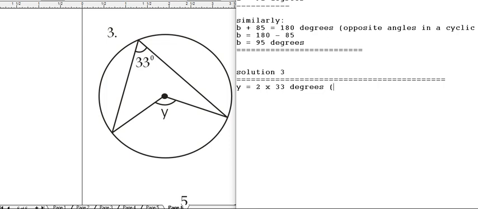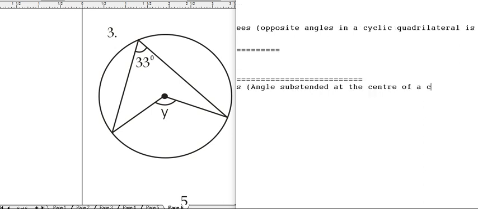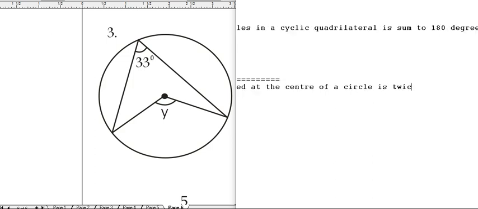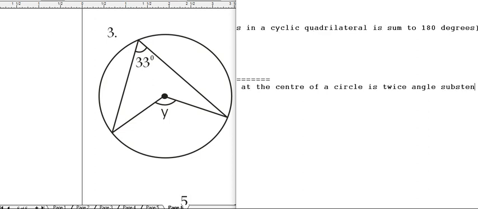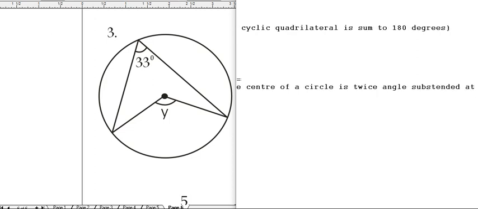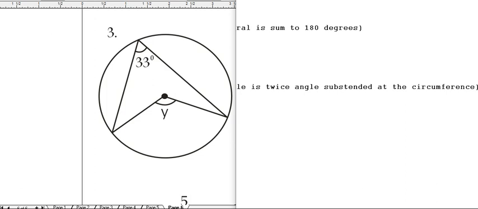Theorem 2 says the angle subtended at the center of a circle is twice the angle subtended at the circumference.